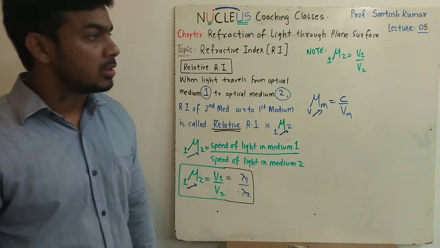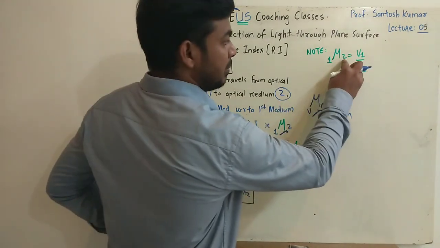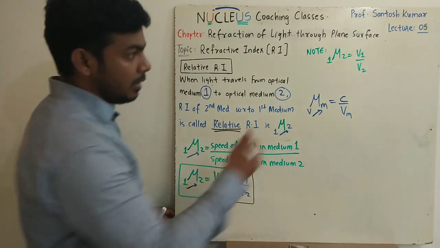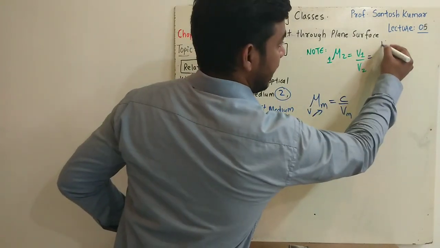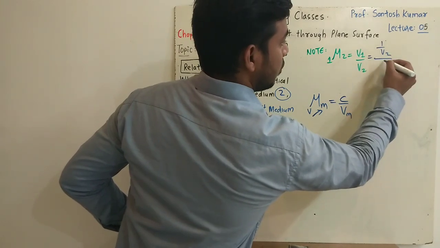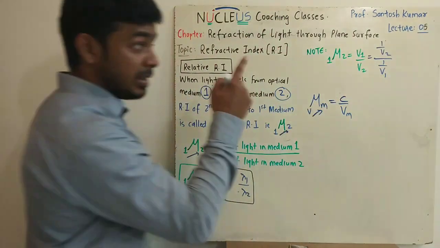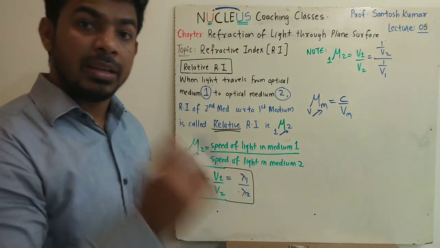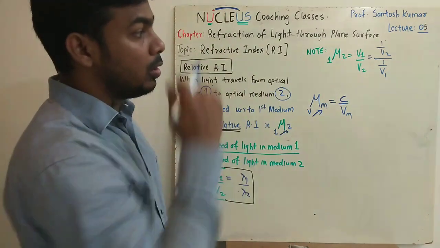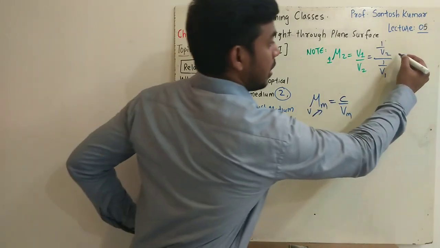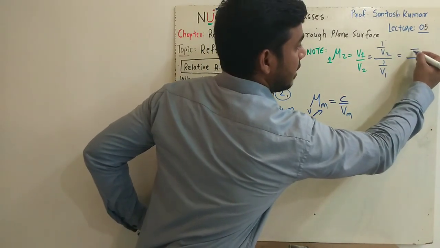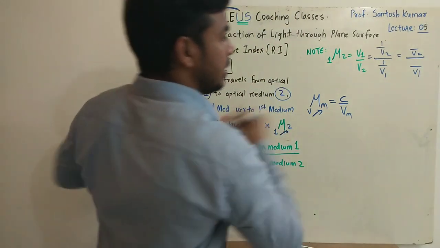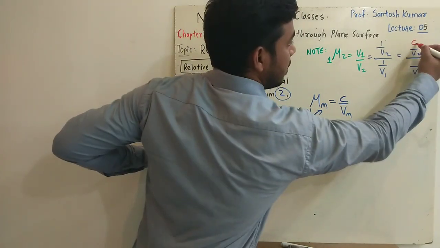One more important relation I want to explain is that mu 2 of 1 can be written as V1 by V2. Mathematically I can write it as (1 by V2) divided by (1 by V1). What I am doing here is, instead of 1, I am writing C over here.